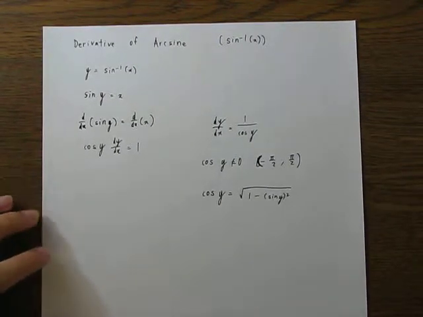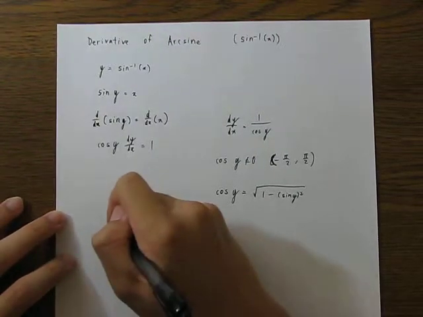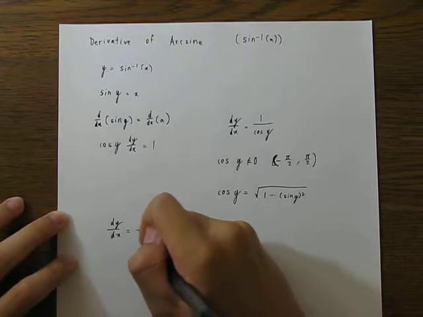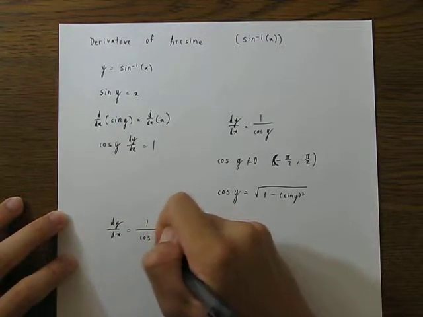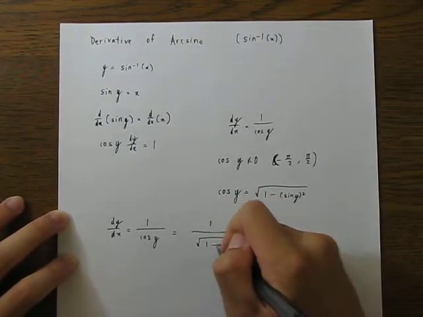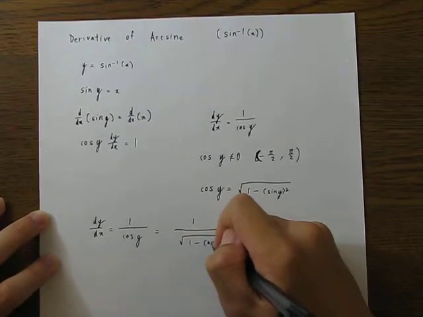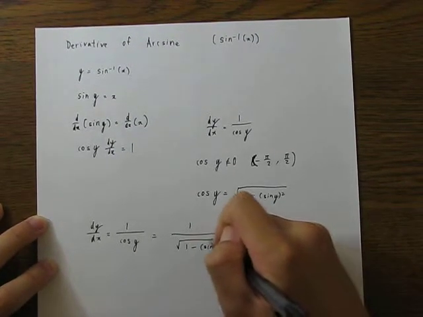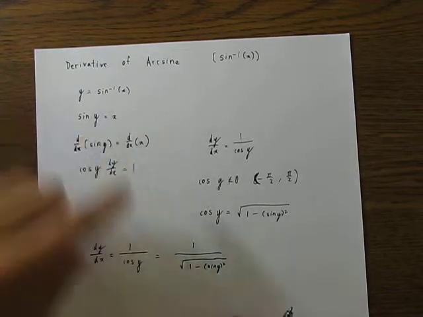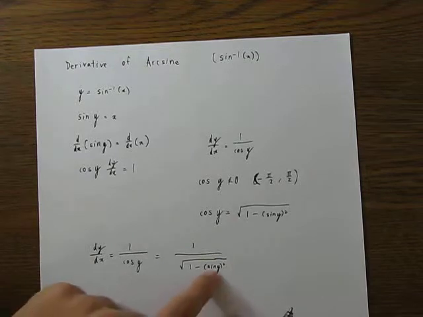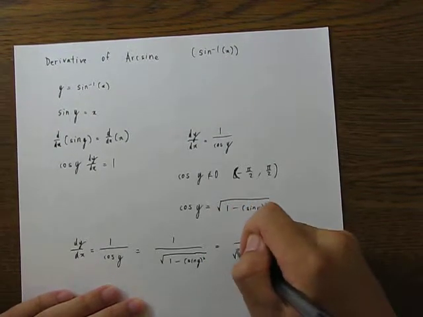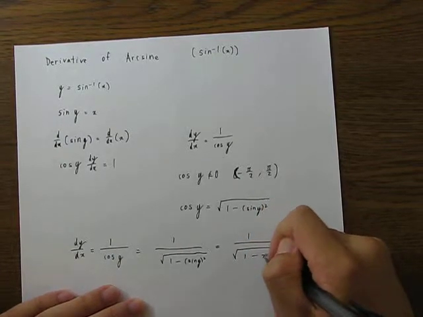So what we can do right now is say that dy/dx equals 1 over cosine of y, which is equal to 1 over the square root of 1 minus sine y squared. You should also note that up here we said sine y equals x, so we plug the x in for sine y. And so the derivative of arcsine is equal to 1 over the square root of 1 minus x squared.